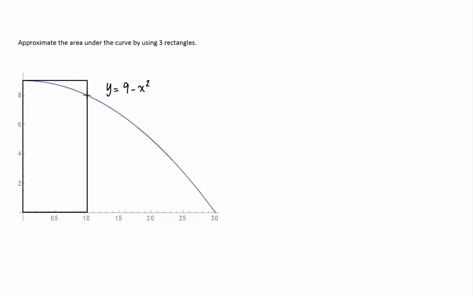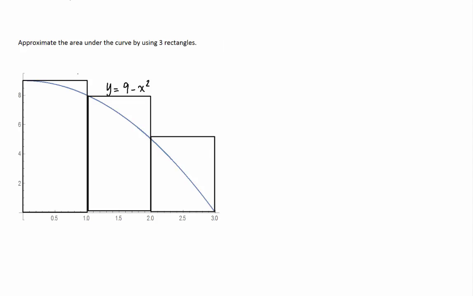Then the next one, you would grab the height of the function at, well, close to anyways. Let me move it. Well, it should match right there. And then make another rectangle. There, and you see how you get the area.